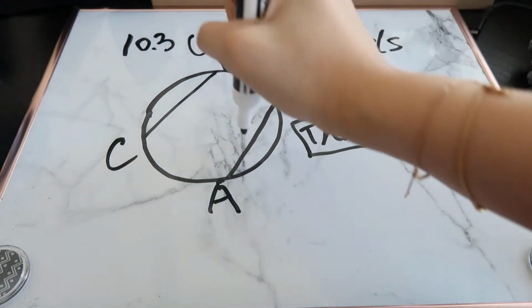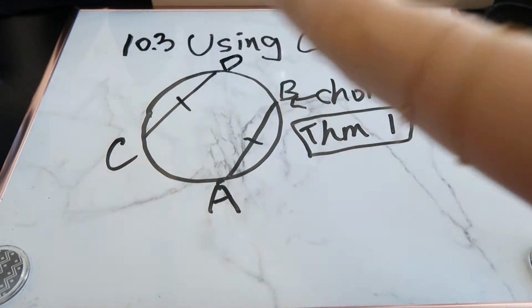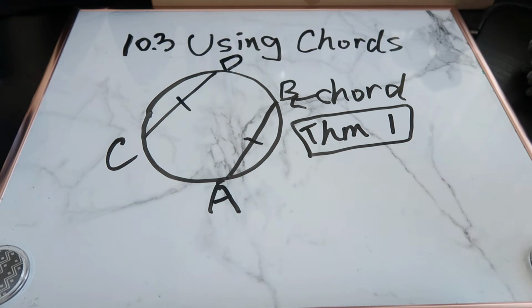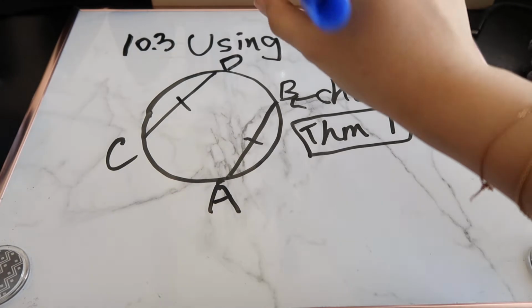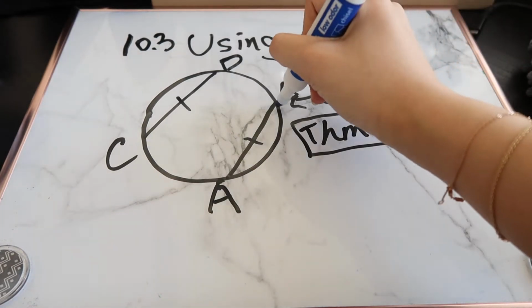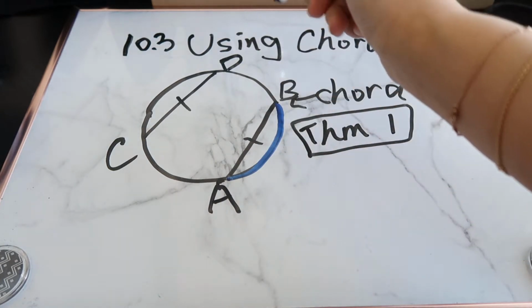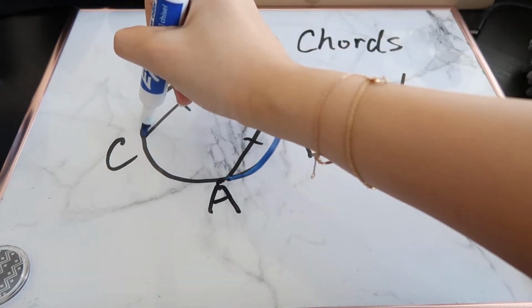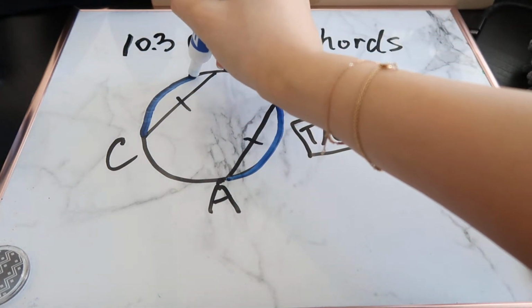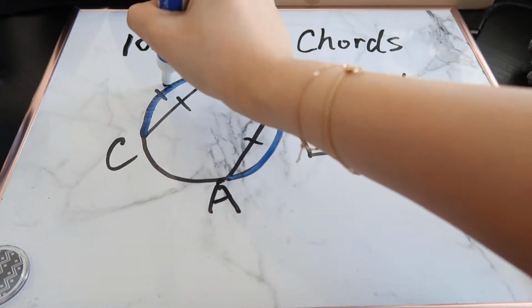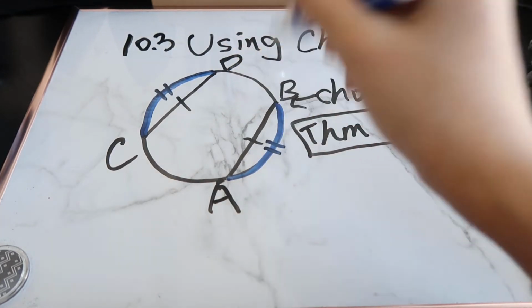And let's say AB and CD equal each other. So when we have AB and CD being chords inside the same circle and they equal each other, then the arc, meaning this curved part between AB and arc CD, they would also equal each other.